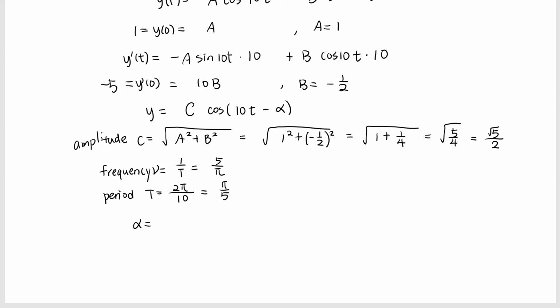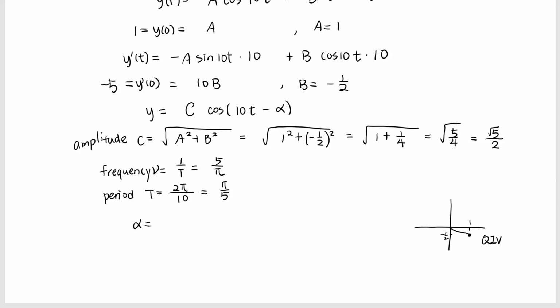And next, what is alpha? Well, for alpha, we have 3 formulas. It really depends on which quadrant we lie in. So A is 1, like here, right? Negative 1/2, like there. So negative 1/2 and 1. Let me draw it bigger. So this is the point. Okay? So you can see it's in the 4th quadrant.